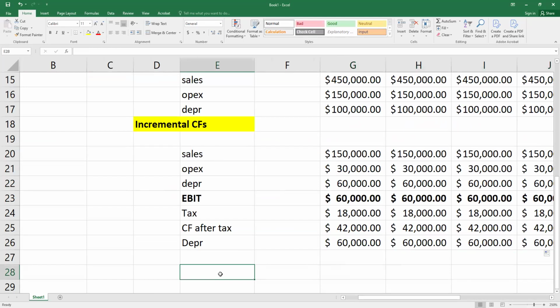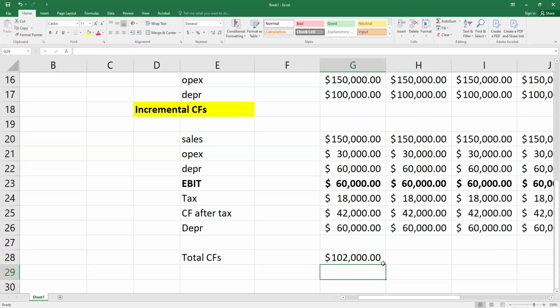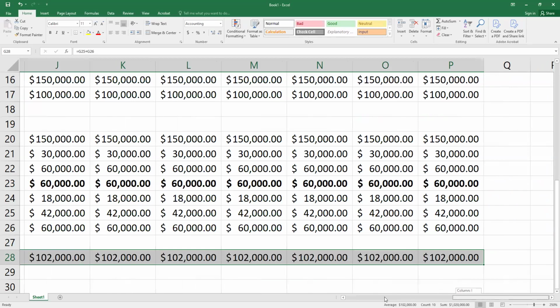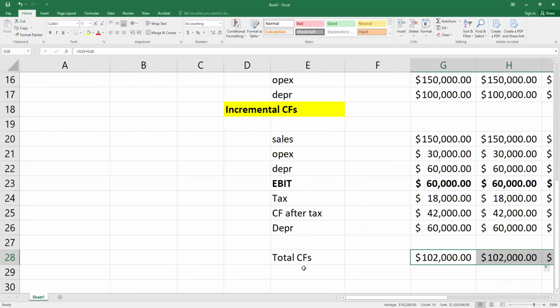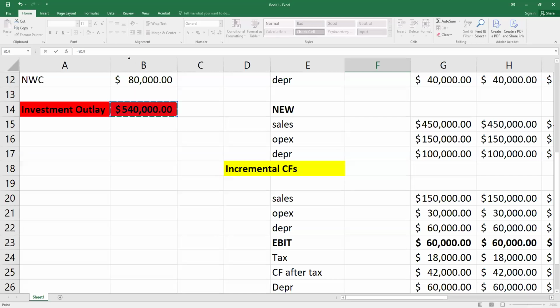And we have total cash flows. Total cash flows are basically the cash flow after tax added to depreciation. Okay. And the initial investment cost we already calculated, which is here.